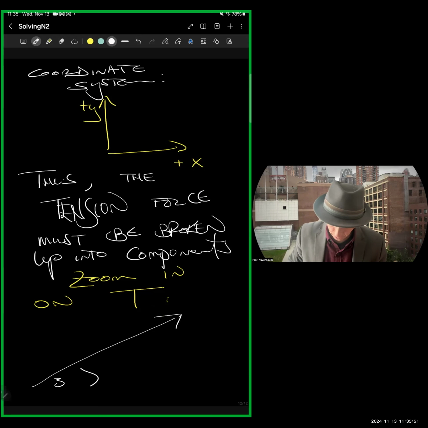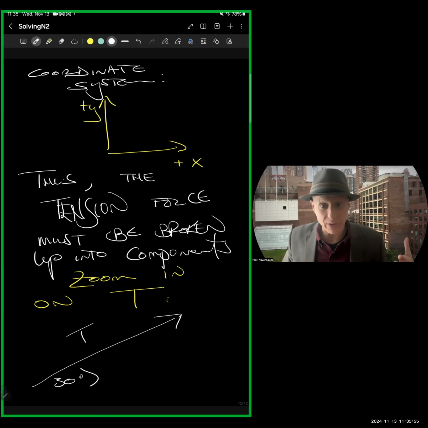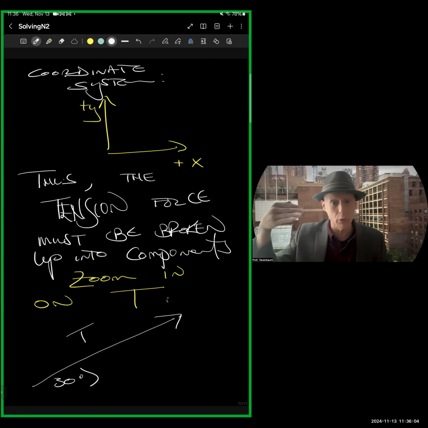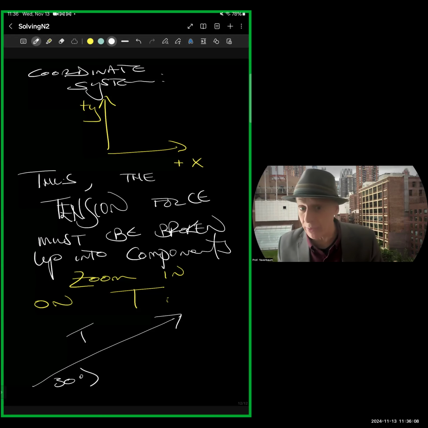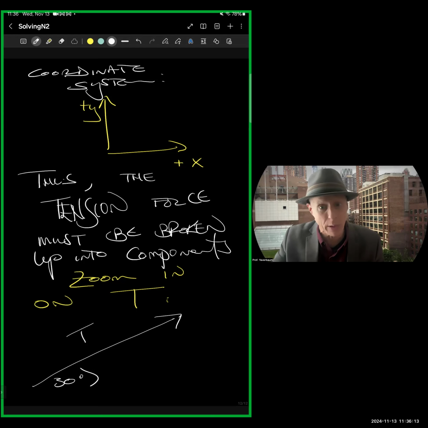This is the tension force. Well, this goes back to vectors in general, like the last example, like displacement vectors or velocity vectors or any kind of vectors. If something is going, for example, northeast, then that means it's really going some amount east while at the same time going some amount north. That's the whole idea of vectors and vector components.